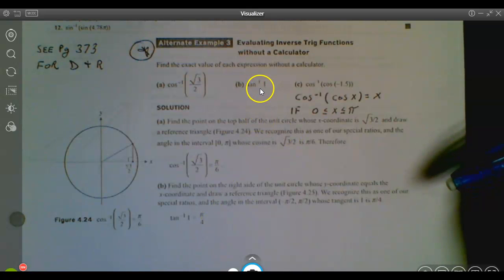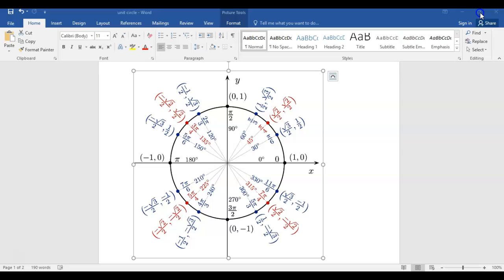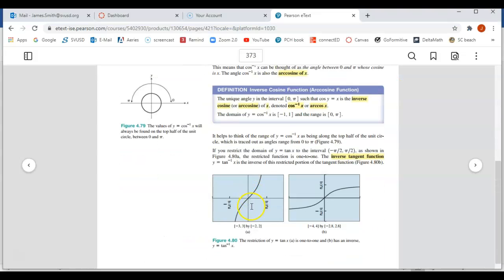What about our tangent function? Let me take you to the tangents real quick. Tangents work a lot like the sine function does. Here's your tangent. The domain of the original tangent function is -pi over 2 to +pi over 2. But the results, the length ratios, are unlimited. They're infinite, right?